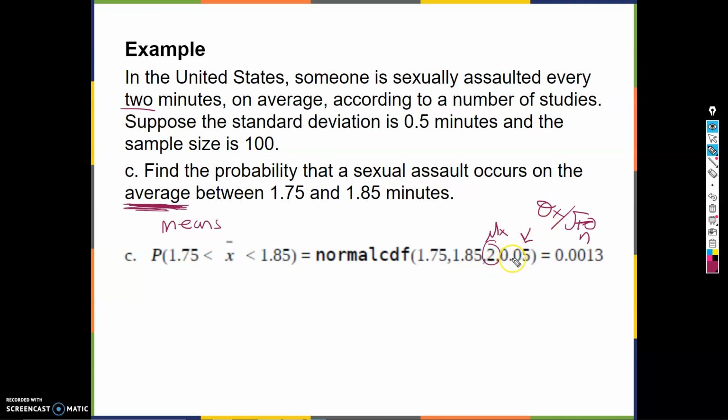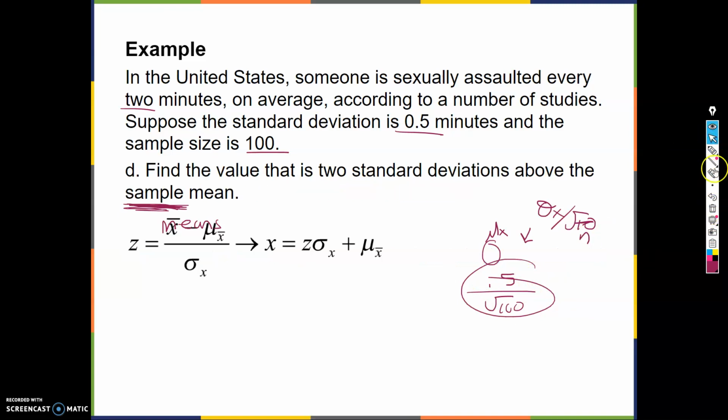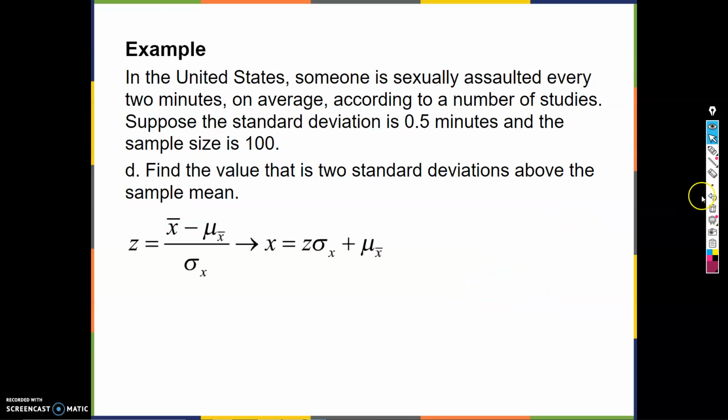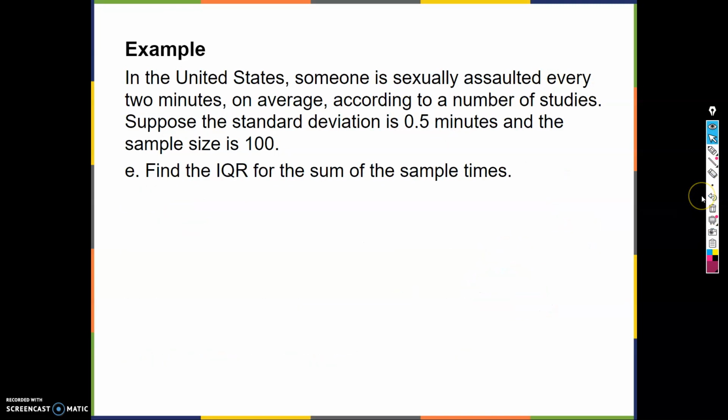Our standard deviation is now the old standard deviation divided by the square root of n. So 0.5 divided by square root of 100. That is 0.05. Okay, plug it in the calculator. We don't need that.